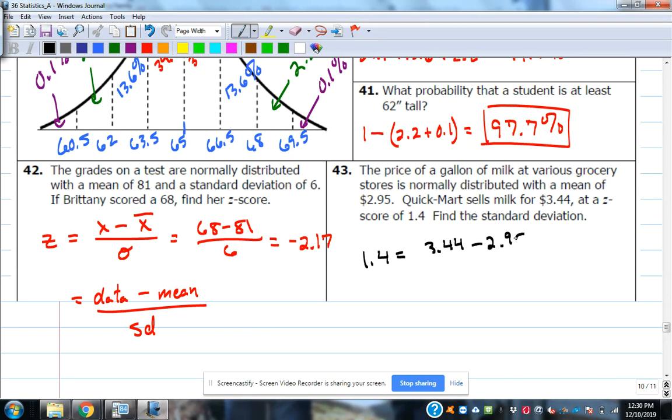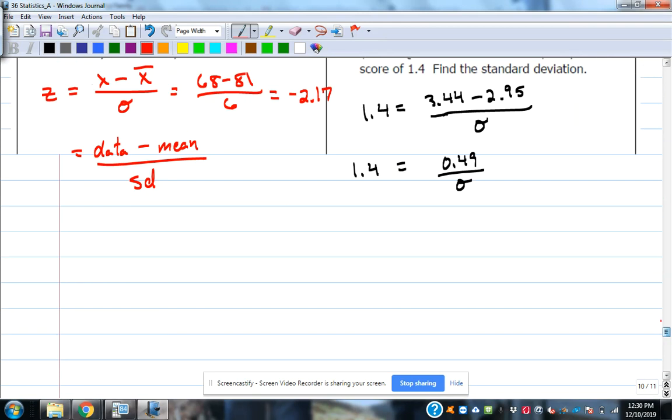We are missing the standard deviation. This is 0.49 over sigma. Those two multiply. Divided by 1.4.